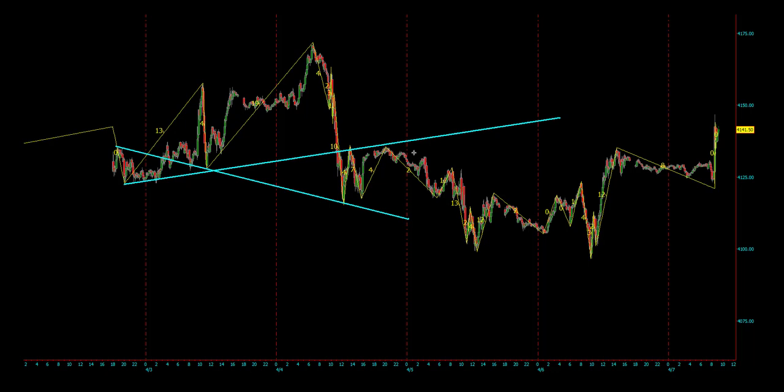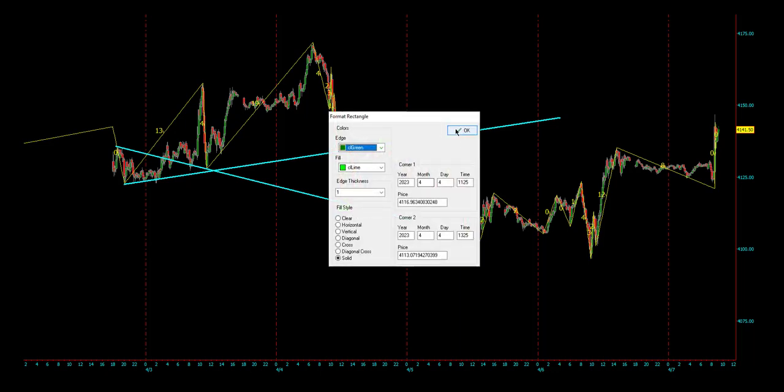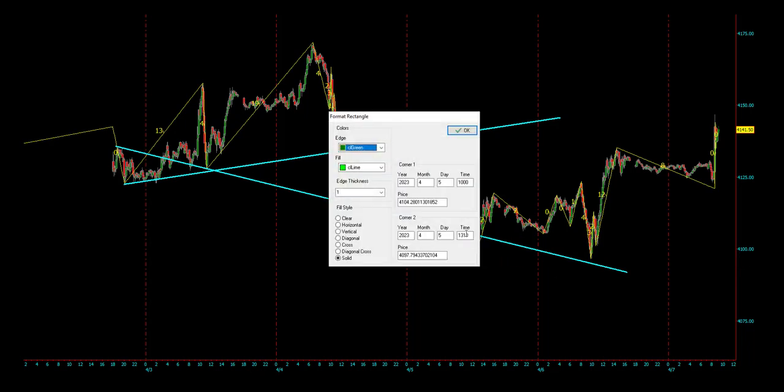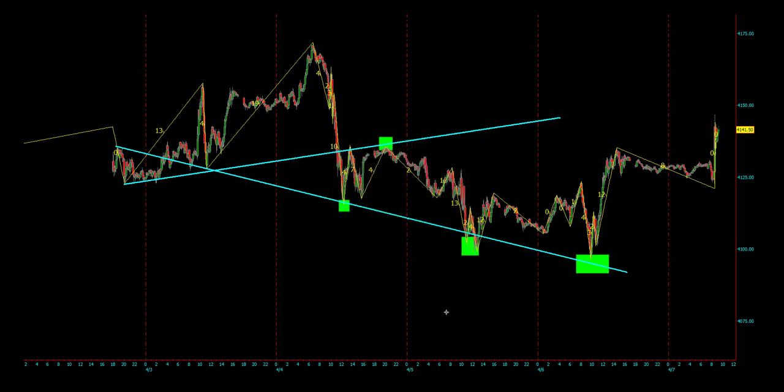Okay, so we got this, we got this. Okay, this is also 4, this is also 4, this is also 4. I can also extend it further. Let's expand it further. Okay, so it's giving us some ideas on this side, on this side. So now we have at least few things connected properly.